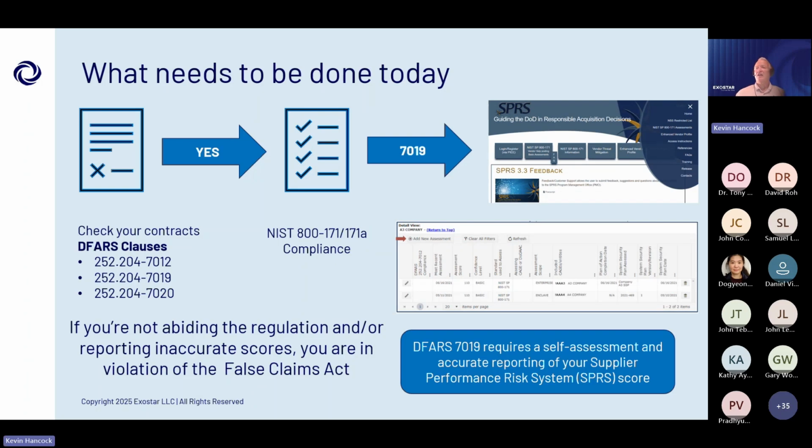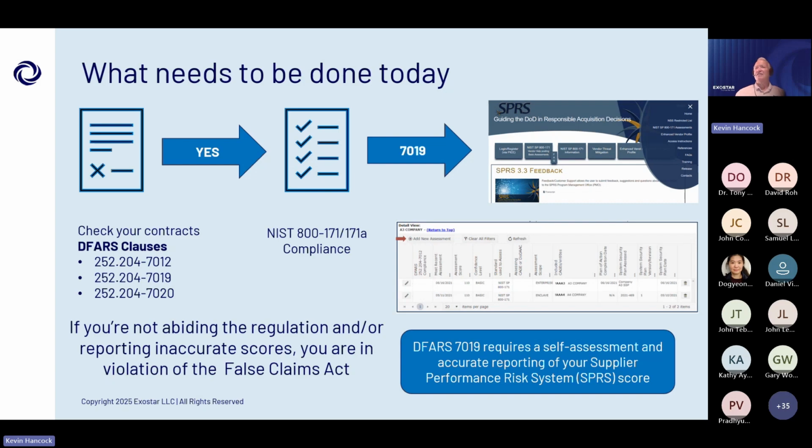So please check your contracts, make sure you're in compliance with them. If you've got a DFARS clause 252.204-7012, that's the clause that says if I receive controlled unclassified information, I need to store, process, and transmit it in accordance with NIST 800-171.